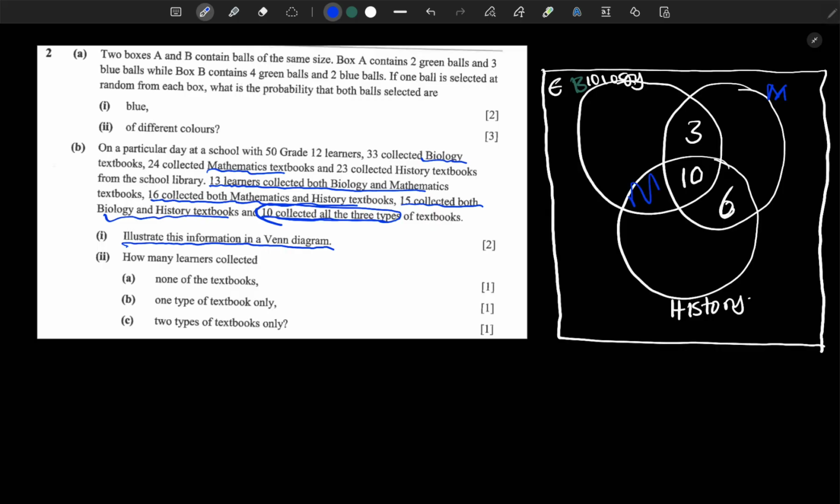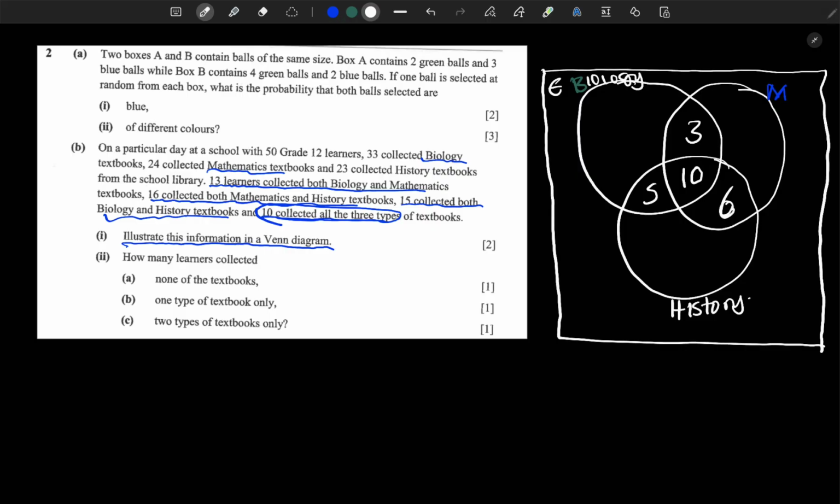Biology and history is this region. So there were 15, and 15 minus 10, we are going to have a 5. So that is the concept: subtract 10 from those that collected two types of textbooks.